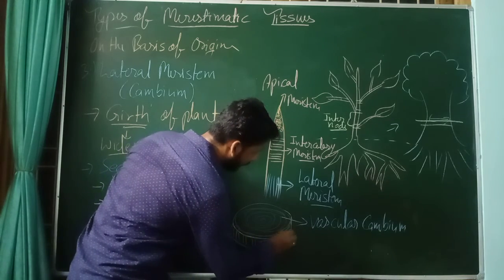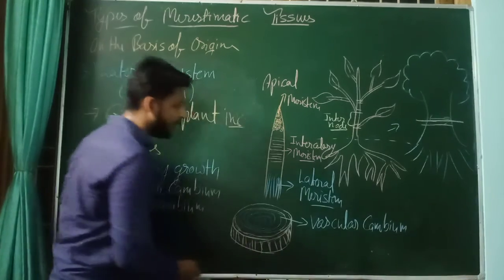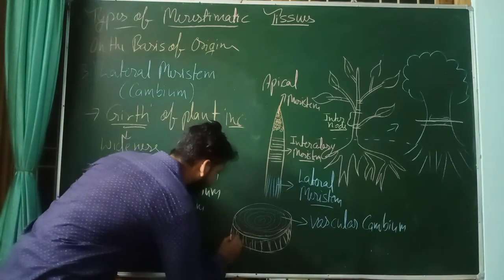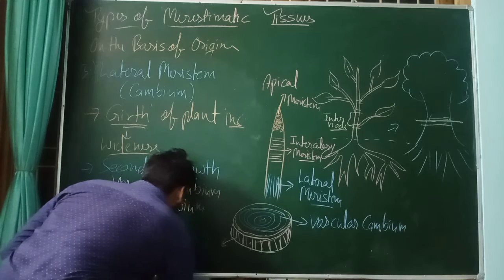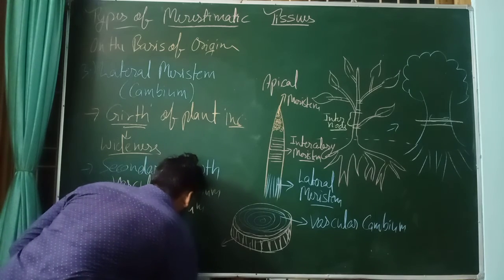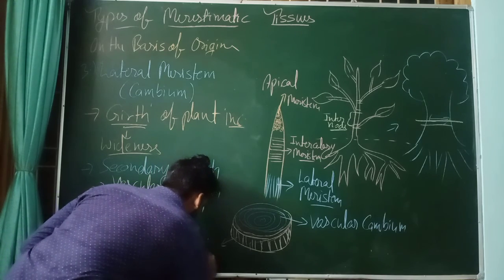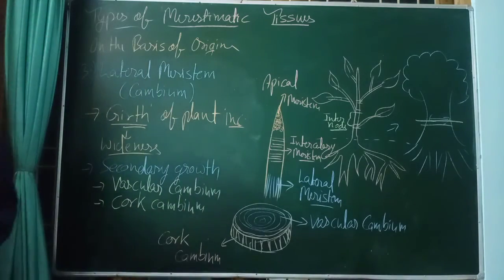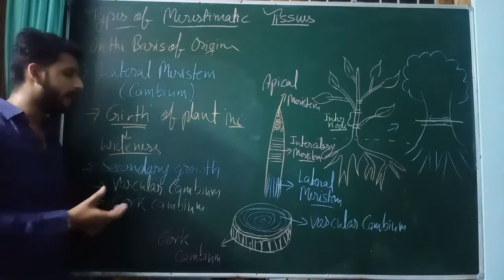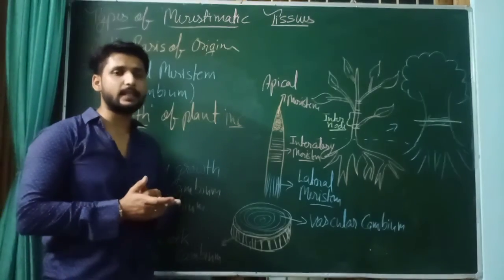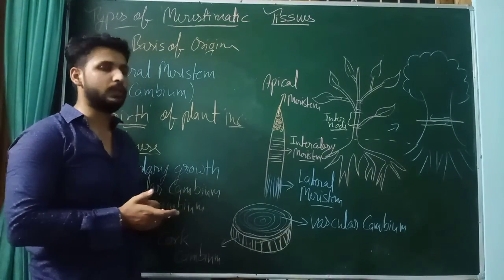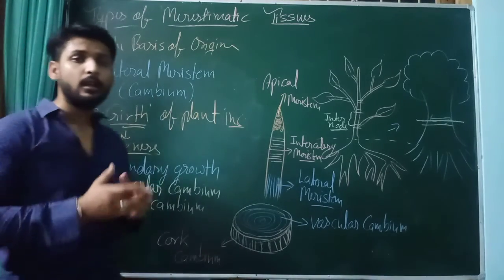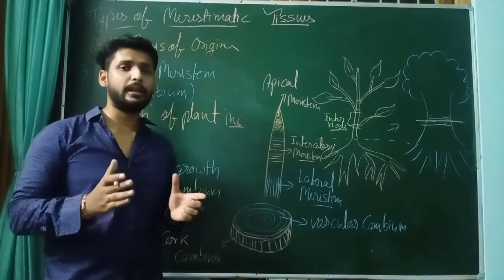The width of this bark part is increased by the cambium. The cork is made up of the bark and the width of the bark is increased by the cambium. In this way, it helps in increasing the width of the tree or plant.